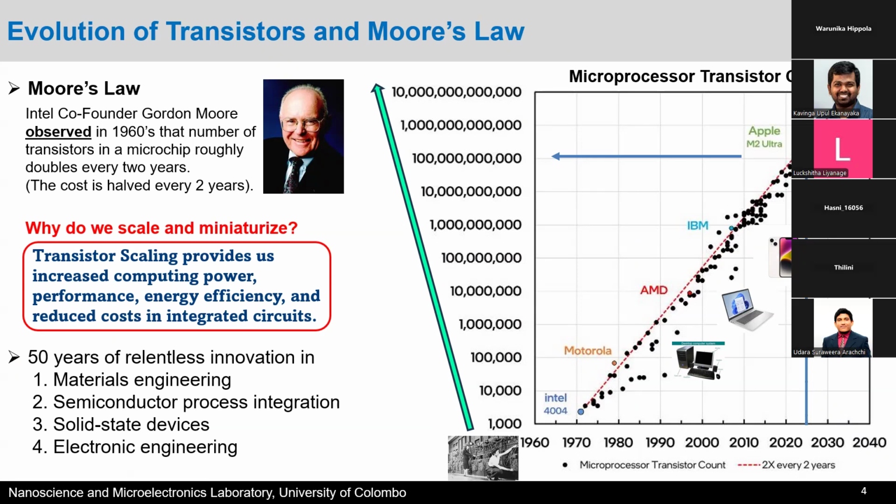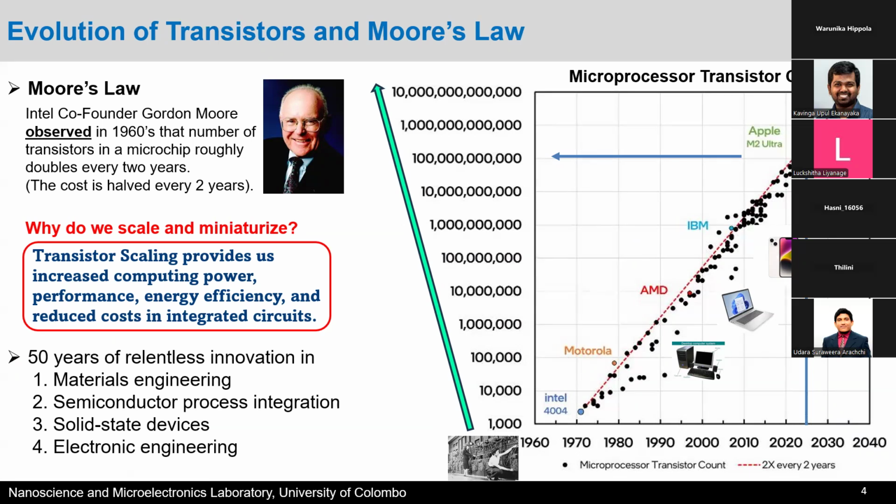So when you double the number of transistors in a chip, the functionality increases many folds, and the cost per transistor goes down by half every 2 years, right? Now, this was just an observation.